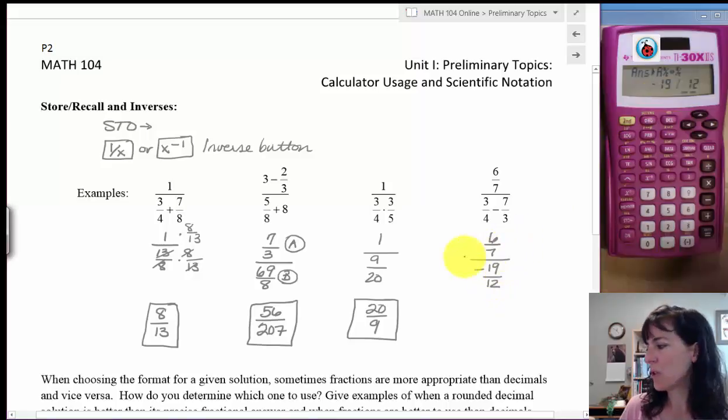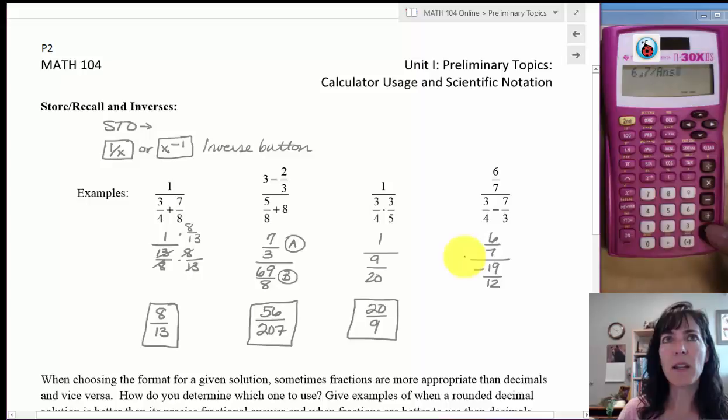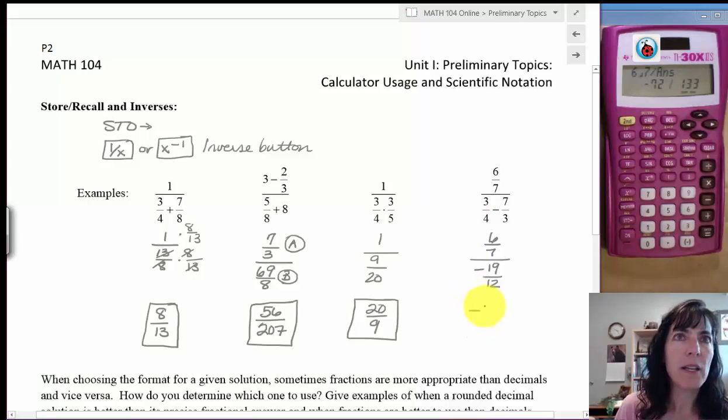So that's what I'm going to do. Type in 6/7 divided by answer. Remember, get answer by doing second and the negative button. And then equals, and I get negative 72 over 133.